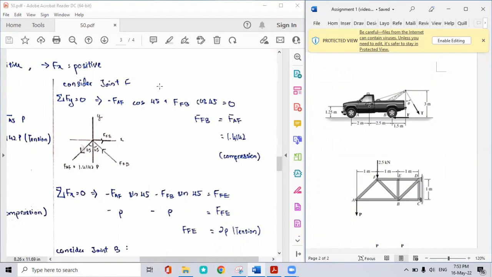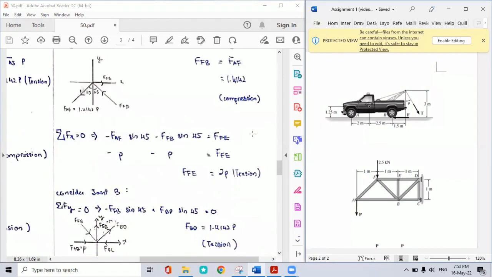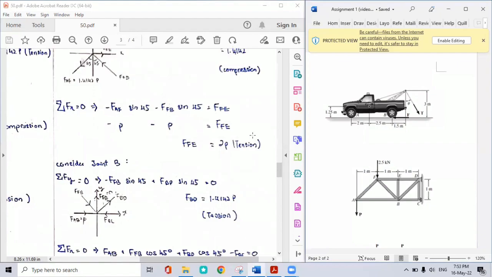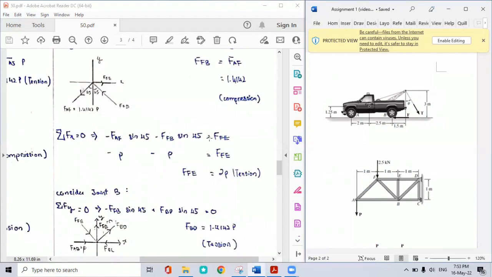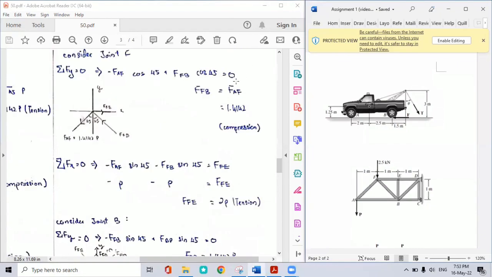And by then, we can find the force along FB, along point F and point B. And it is 1.4142. Oh, sorry, I missed the P.